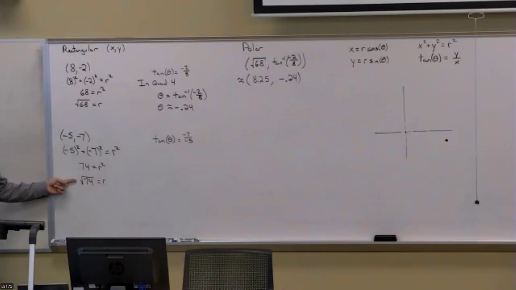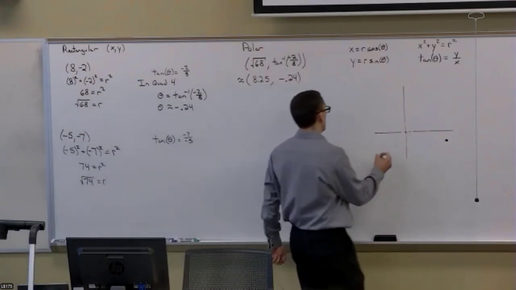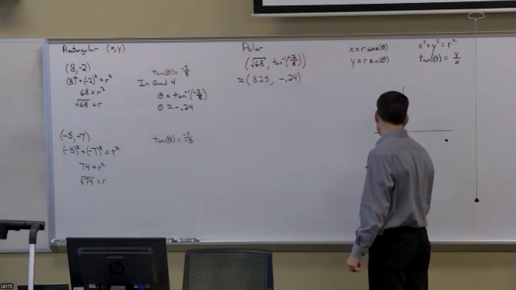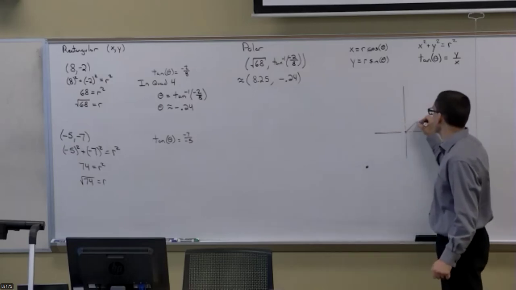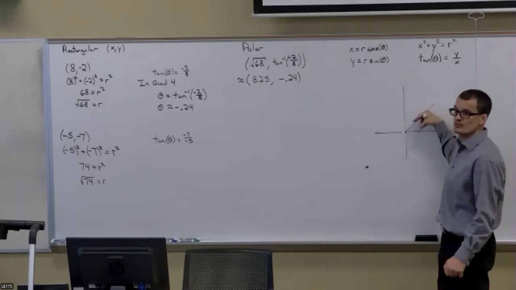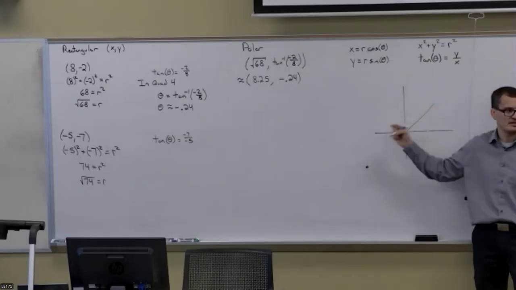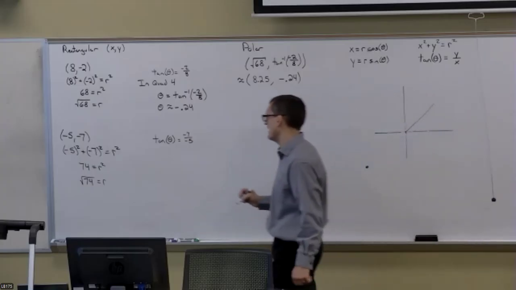It has a radius of square root of 74. The point is in quadrant 3, -7, -5, somewhere in quadrant 3. I know my angle is going to get me into quadrant 1, so I'll have to add pi to it to get that.